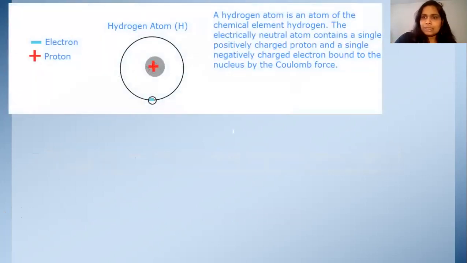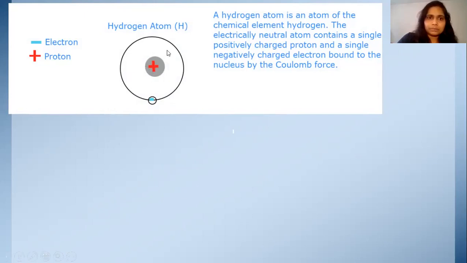Well, what is an atom? Let's learn what a proton and an electron are, or what positive charges and negative charges are. Let's think about a hydrogen atom. In a hydrogen atom, there's one proton and one electron that orbits around the proton, right?